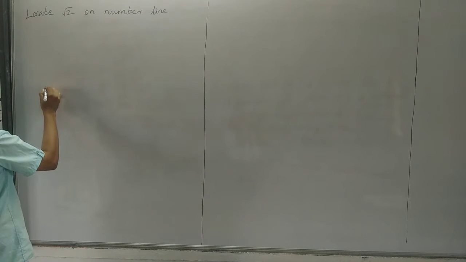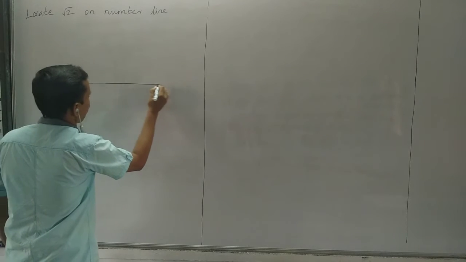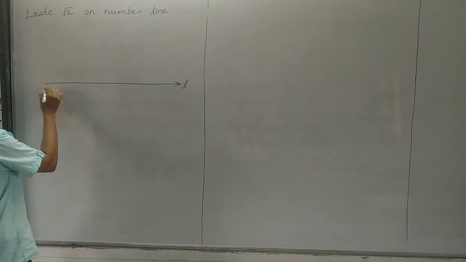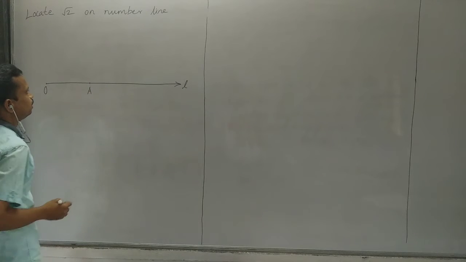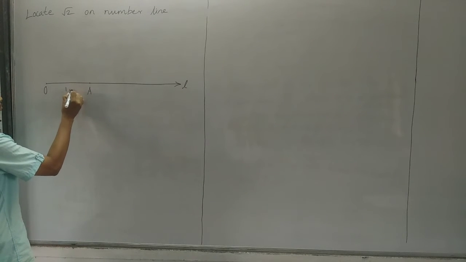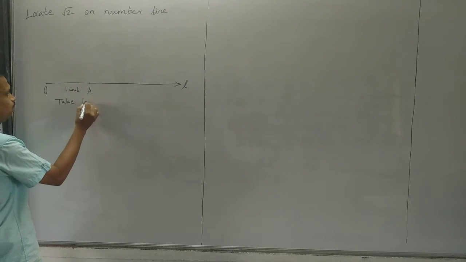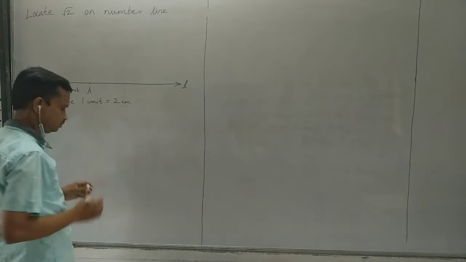Just draw a number line. Mark this point as O, and take this point as A. This is one unit. Take 1 unit as 2 centimeter measure.